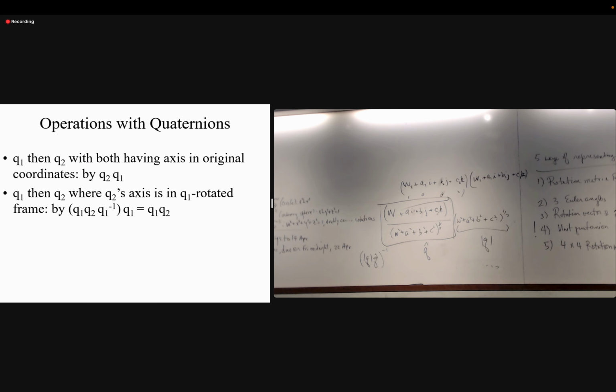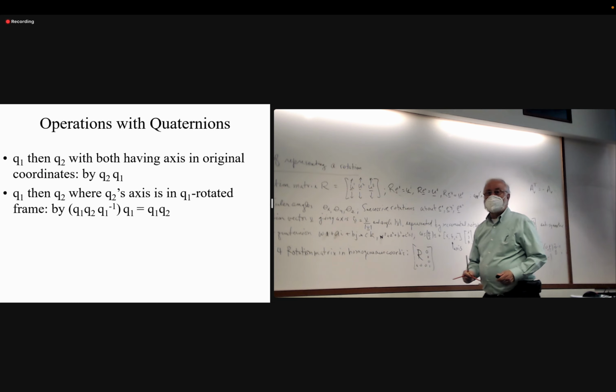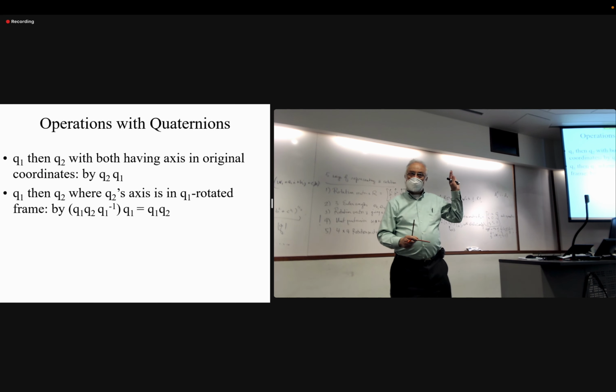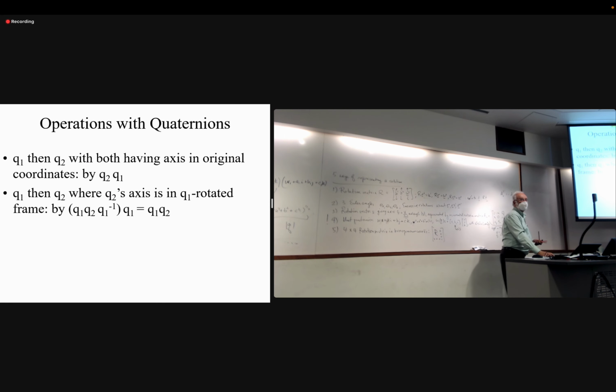And if you multiply all that together, you get Q1 inverse times Q1, which is identity, and then Q1 times Q2. So depending on whether the second rotation axis is in the original coordinates or in Q1-rotated coordinates, you get either Q2 Q1 or Q1 Q2 when you compose. A little tricky. Questions?